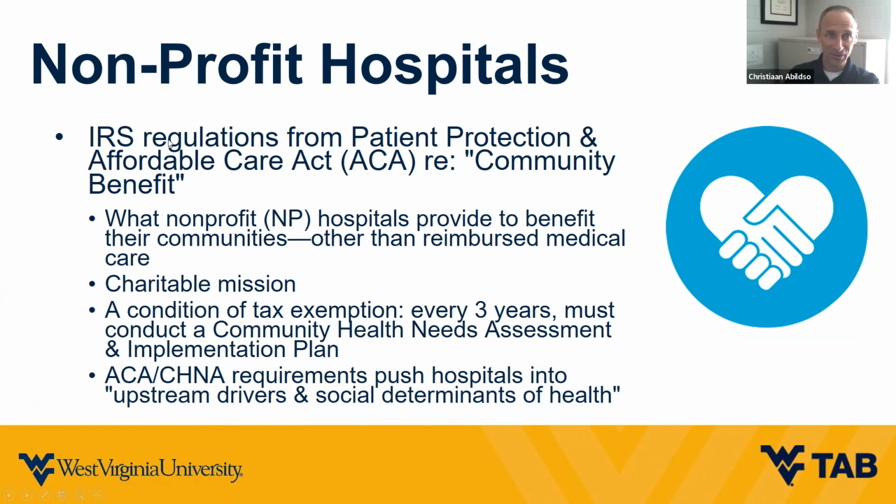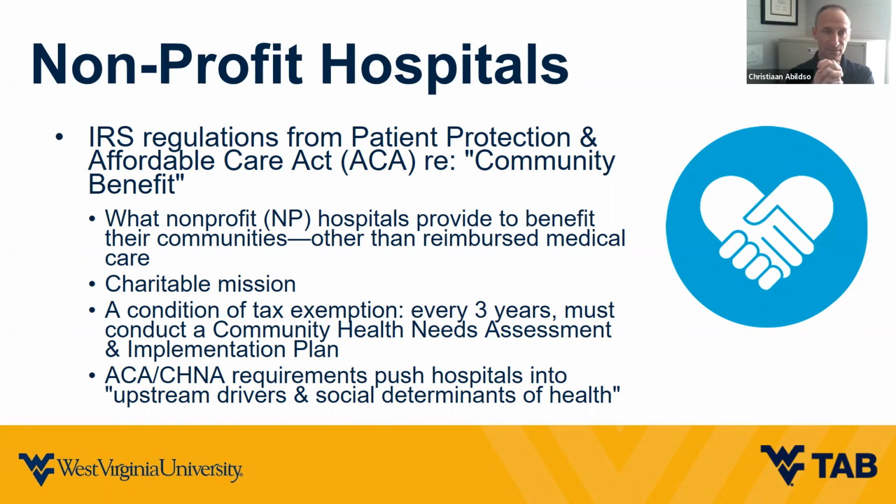Now, why they have to do this: through the Affordable Care Act, IRS regulations stipulate that nonprofit hospitals have to provide what's called community benefit. There are two big buckets of community benefit. It used to be a lot of charitable care, right? Unreimbursed care to people that just don't have the means to pay for it.